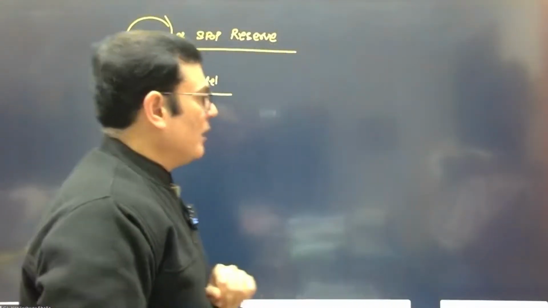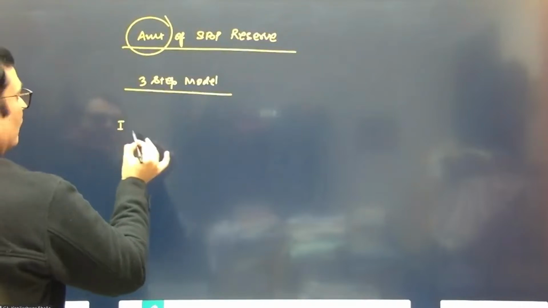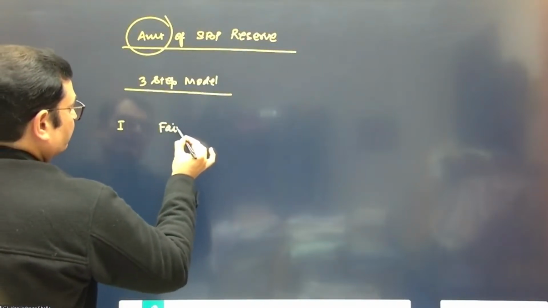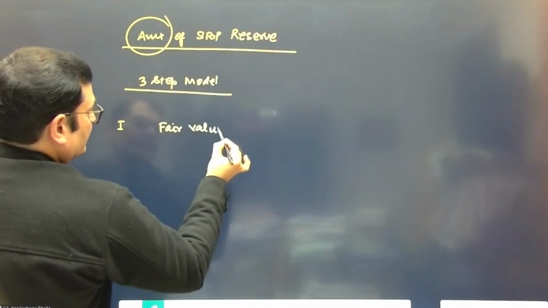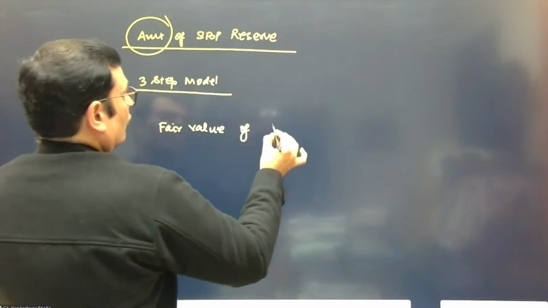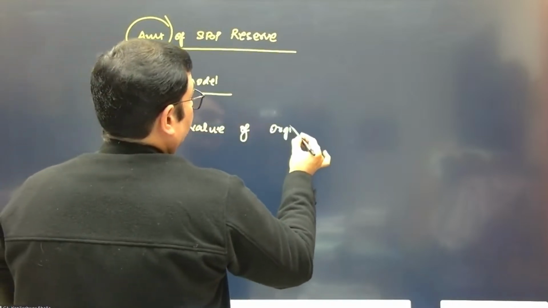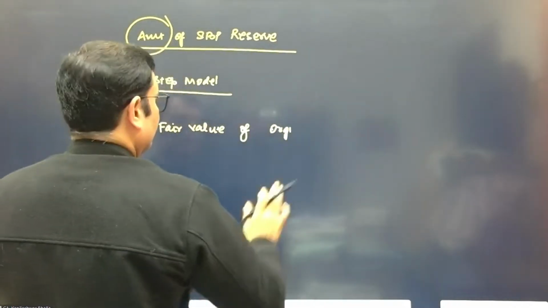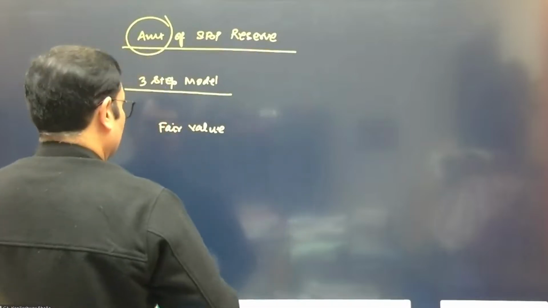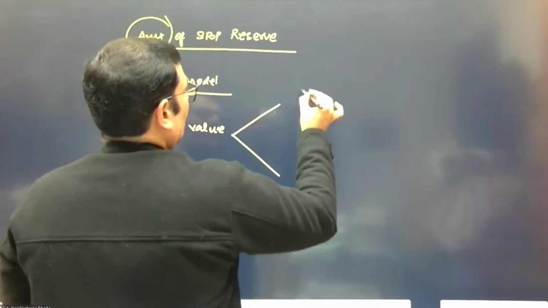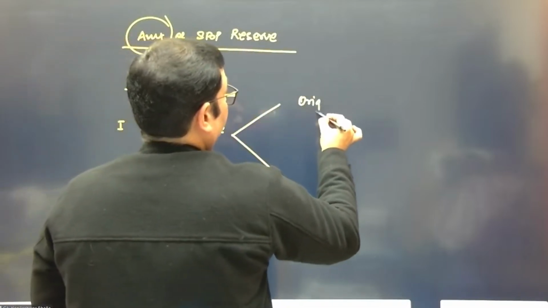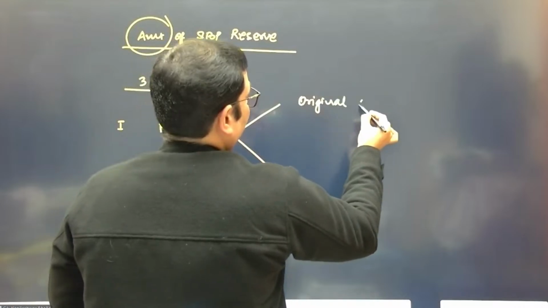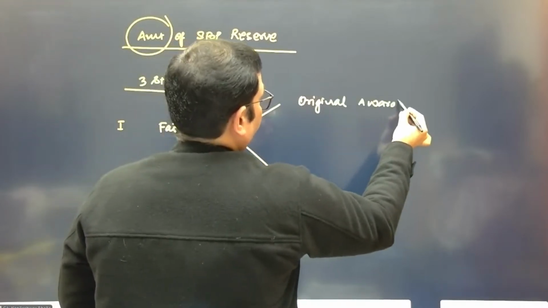So in step number 1, I will organize the fair value of the original award. Original award means what was given by the acquiree.